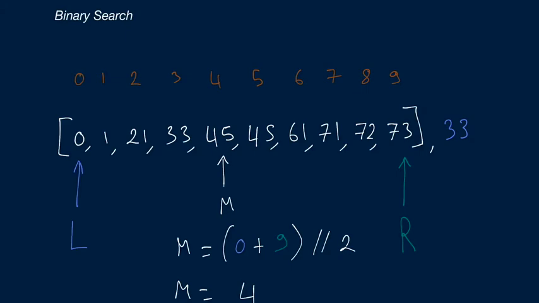So what that means is that every number to the right of our middle number, every number here to the right of 45, is naturally going to be even greater than 33, or even greater than 45, and so greater than 33. And so we can eliminate all these numbers. And so what we can do now is we can erase our middle pointer and move our right pointer. Let me undo what I just did to make this more clear.